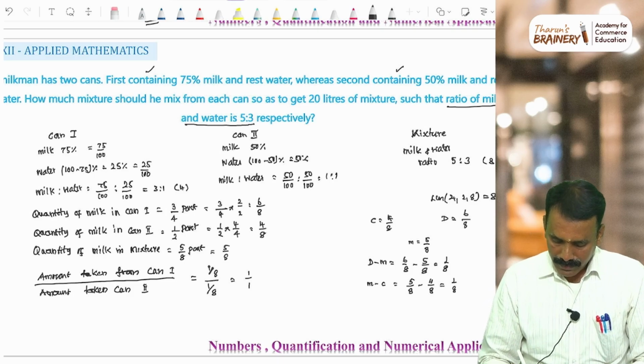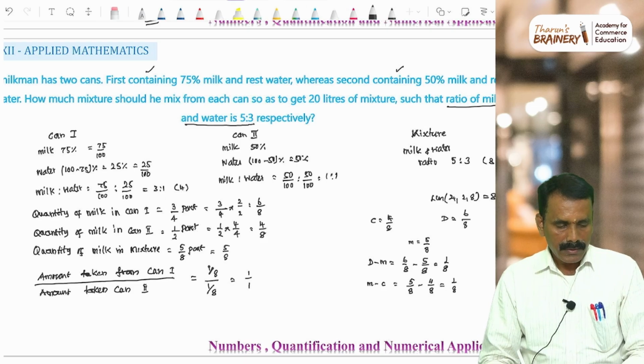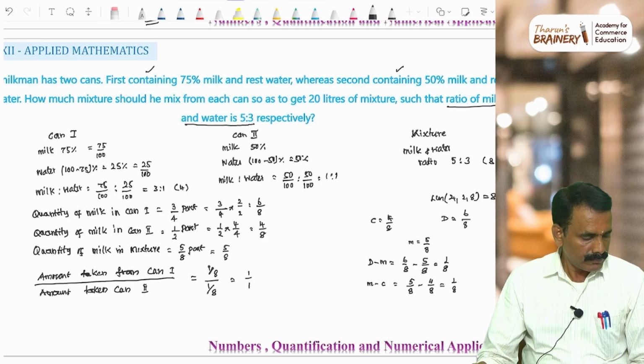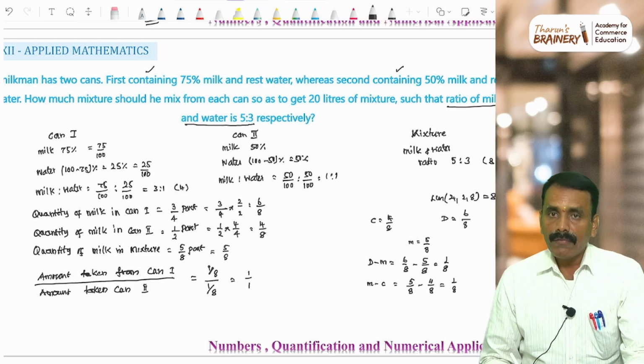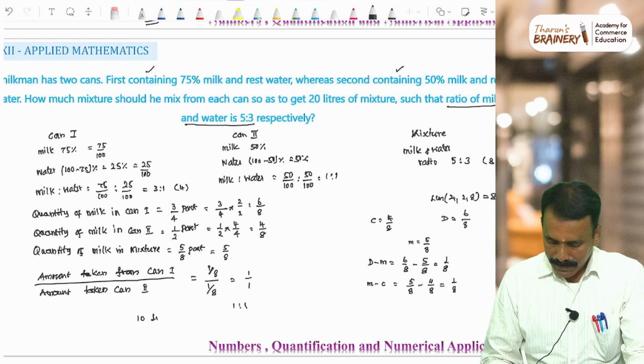So if it is going to be 20 liters, the ratio is going to be 1:1. So 10 liters from can 1 and 10 liters from can 2.